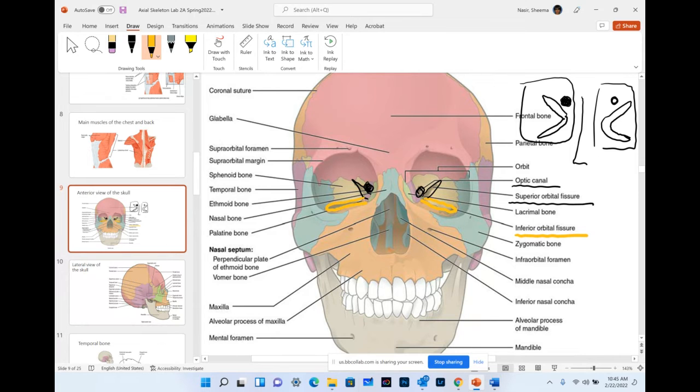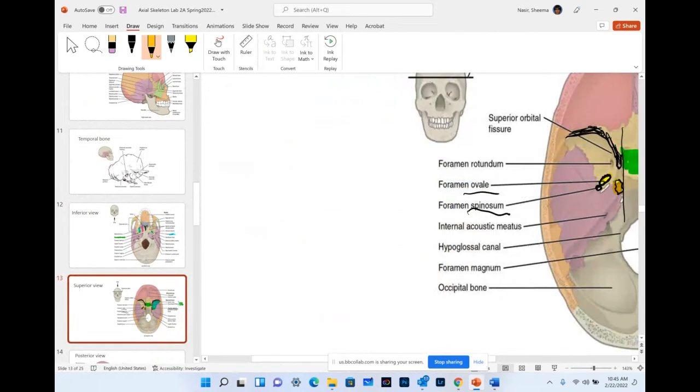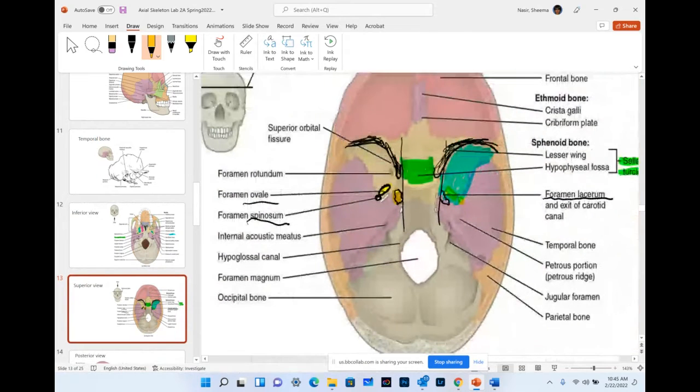We did foramen spinosum, we did foramen lacerum, we did foramen ovale, we did not do foramen rotundum. The best way to catch rotundum is from the inside of the skull. So we are going to catch it right here.